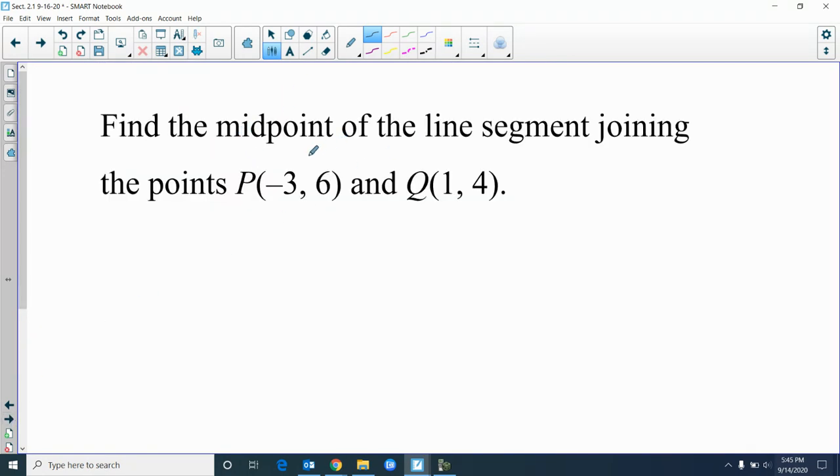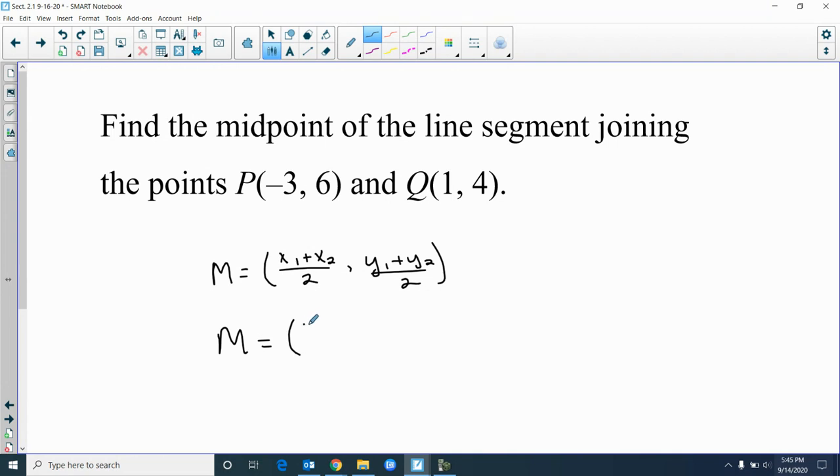All right, find the midpoint of the line segment joining the points (-3, 6) and (1, 4). So the midpoint is the average of the x's, x1 plus x2 divided by 2, and the average of the y's, y1 plus y2 divided by 2.